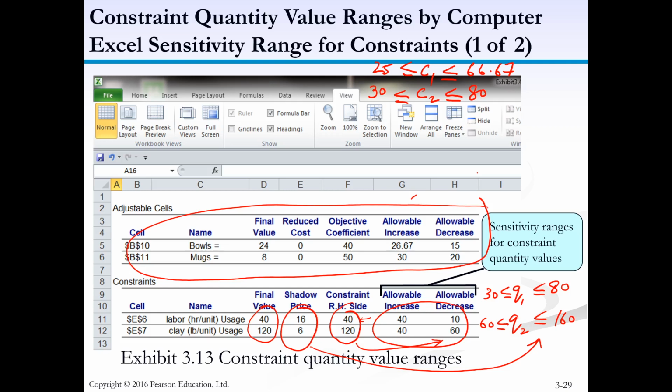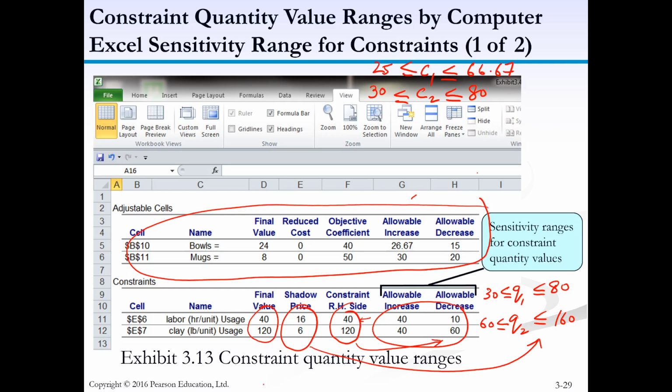When the slack is 0, we will have some positive value of shadow price, but when the slack has some positive value, the shadow price of that resource will be 0, because people are sitting idle, the resources are not used fully, and the worth of that resource becomes 0.